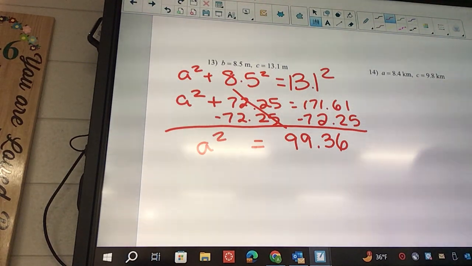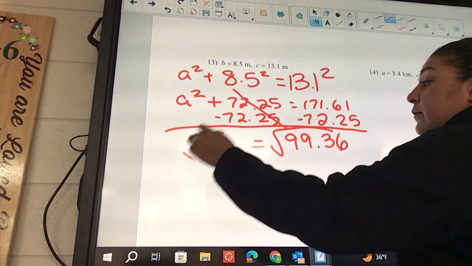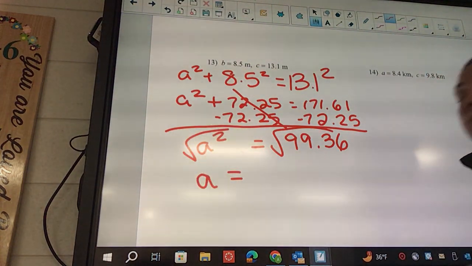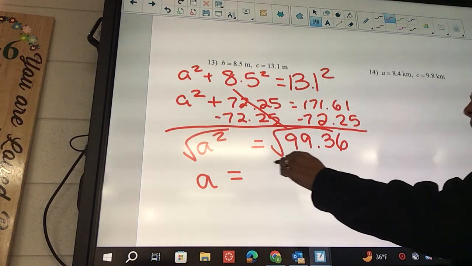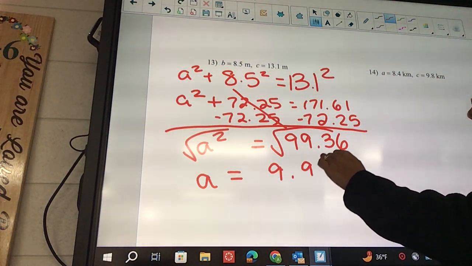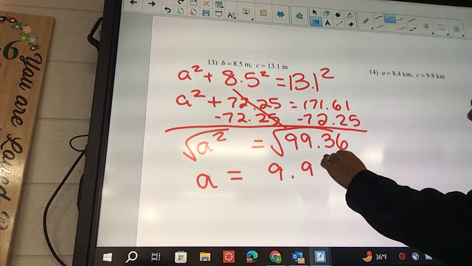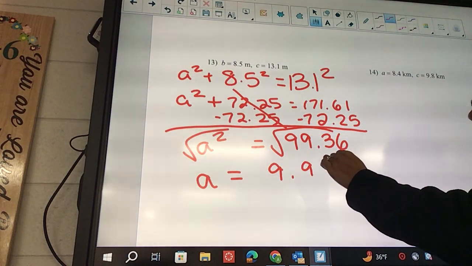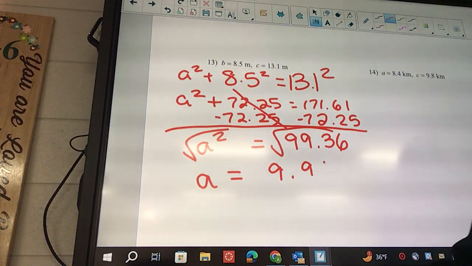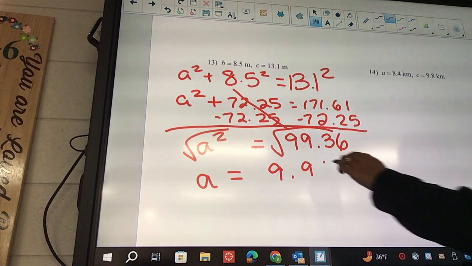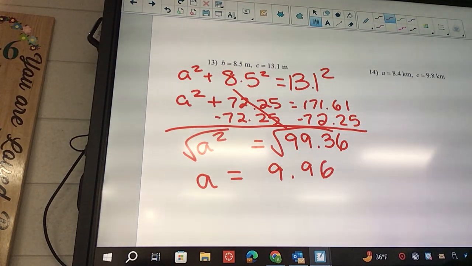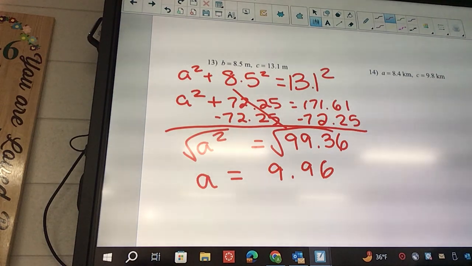And then we're going to square root both sides. 9.98? 9.96. I got 9.96. Oh, you put a 7 instead of a 3.